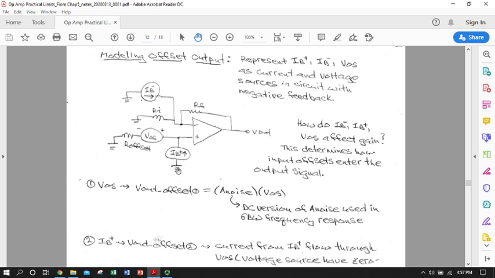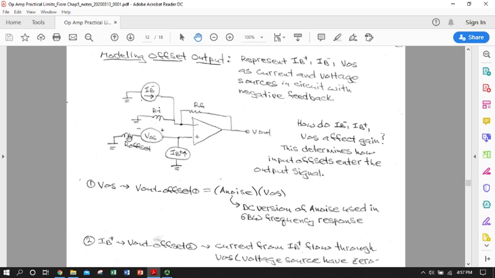Again, it's got infinite impedance, so it doesn't provide another path to ground. So we've added IB non-inverting, IB inverting, and VOS to these positions on our hypothetical any op-amp.